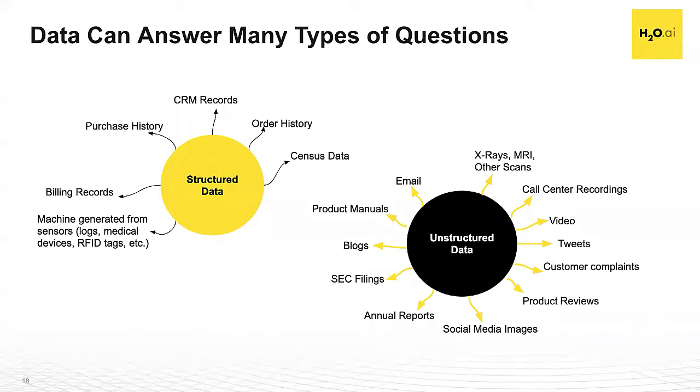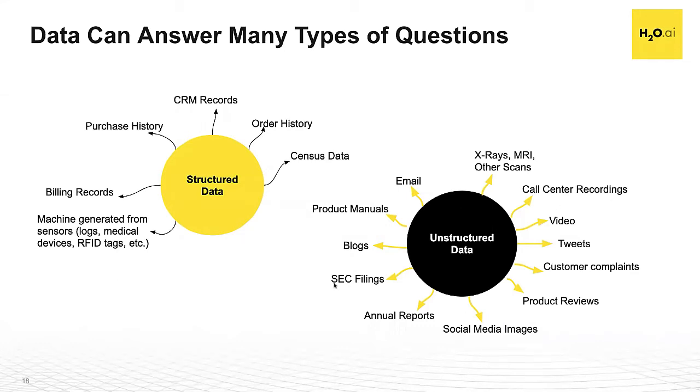If you look on YouTube, or maybe use Instagram, or some other website, that's unstructured data. If you leave a product review, that could be considered unstructured. Definitely customer complaints. If you call into a call center, that audio file can be used to either improve service or answer specific questions that a customer might have.